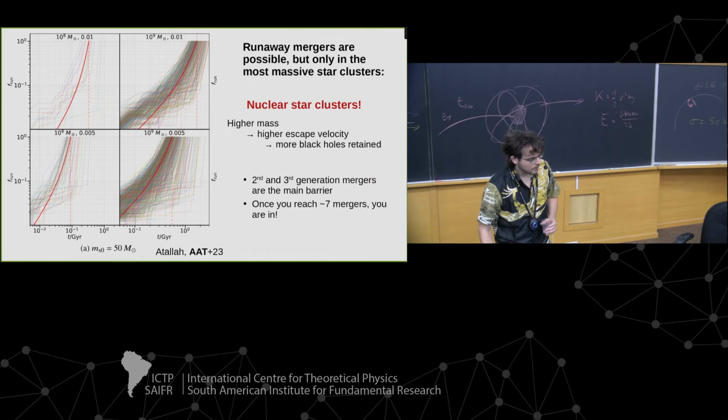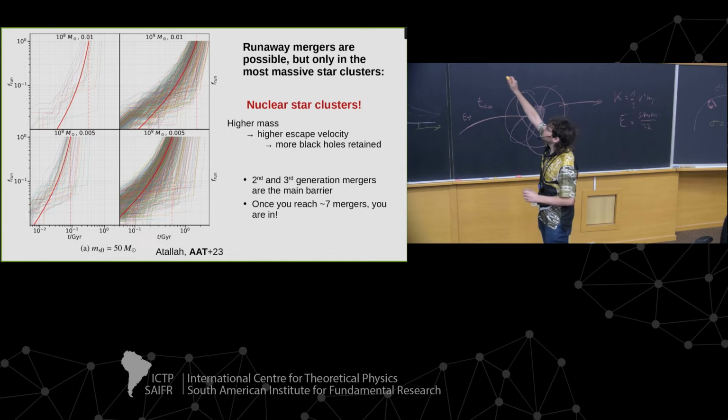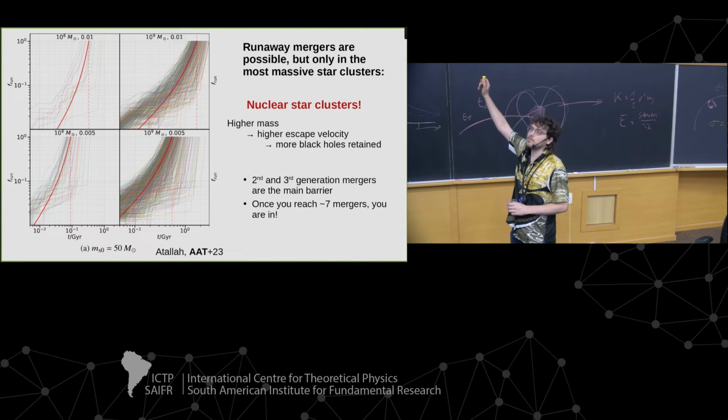So this is just some rare episodes where you can actually build up the mass. This is the kind of rapid increase. It's a runaway process where you can still build up the mass in a very massive nuclear star cluster. What I didn't show is that the probability for this to happen is like 1%.